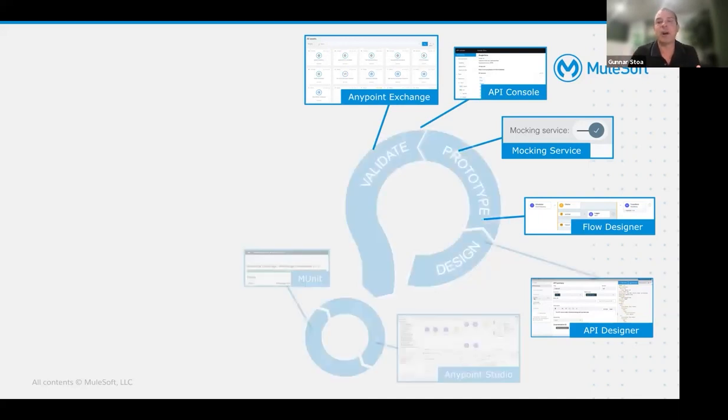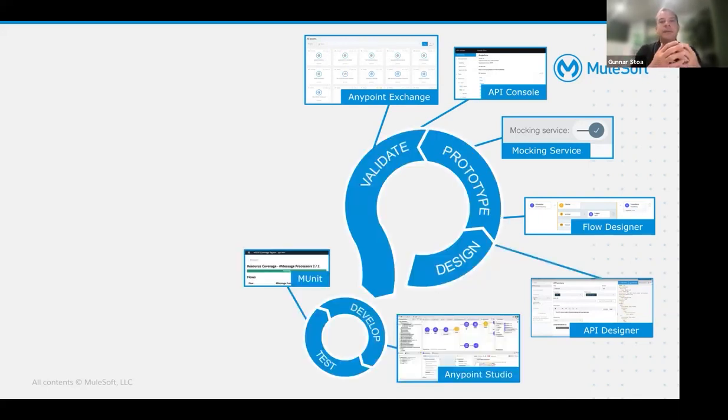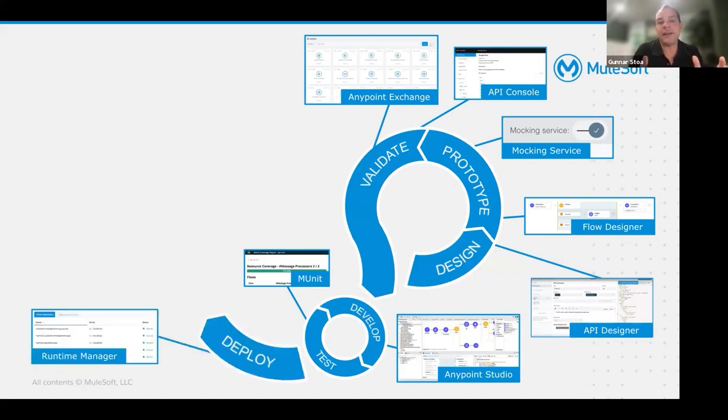From there, it's actually brought into Studio, where developers actually do the connections to all of the endpoints. And of course, built-in testing. From there, it moves more into a DevOps cycle, where that API now is pushed out to production, it's deployed. We can see where it's running. We can manage the operation.